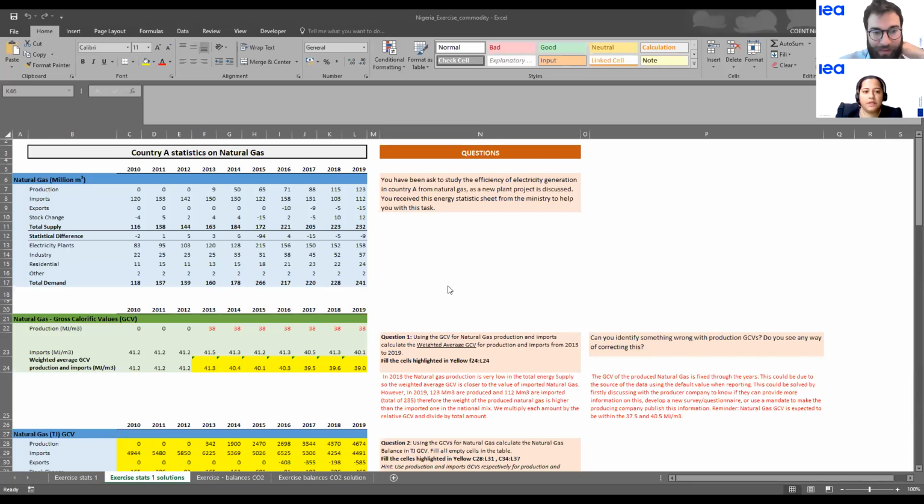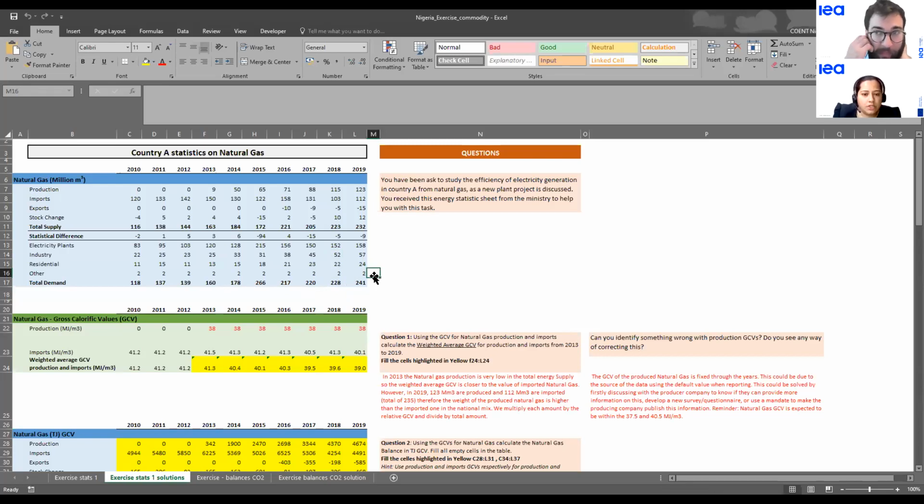So here we have: you have been asked to study the efficiency of electricity generation in country A from natural gas. So you have a table with the natural gas statistics. You have the supply, the statistical difference, the amount of natural gas that is consumed in electricity plants to produce electricity, but also some final consumption data for industry, residential, etc. So you have your supply and your demand.